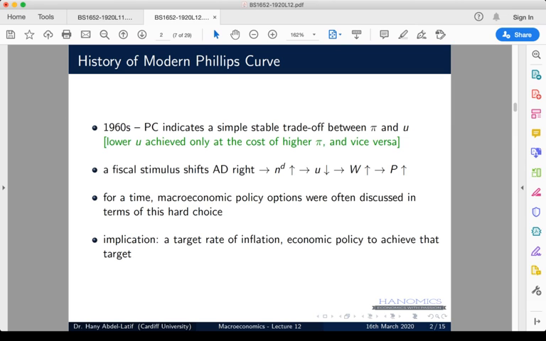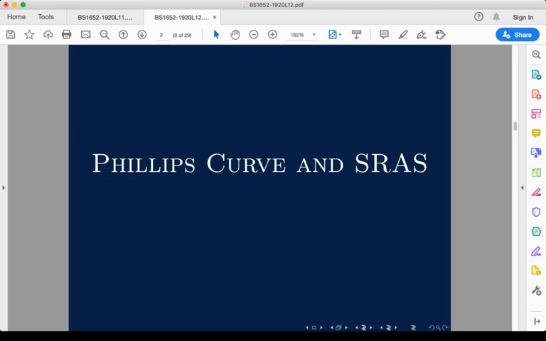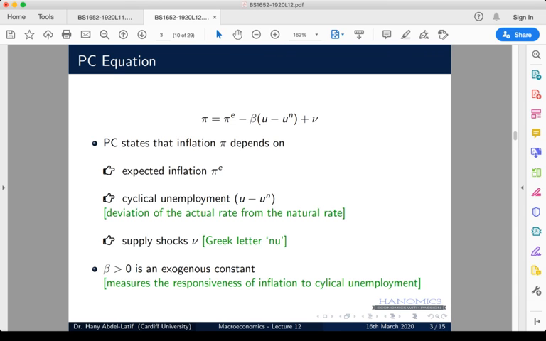So from there, we showed what we call the modified, or expectation augmented, Phillips curve. We showed the equation and what it tells us. It tells us the inflation rate depends on expected inflation. It also depends on cyclical unemployment, which is the gap between the actual unemployment rate and the natural rate of unemployment. And it also depends on some kind of supply shock.